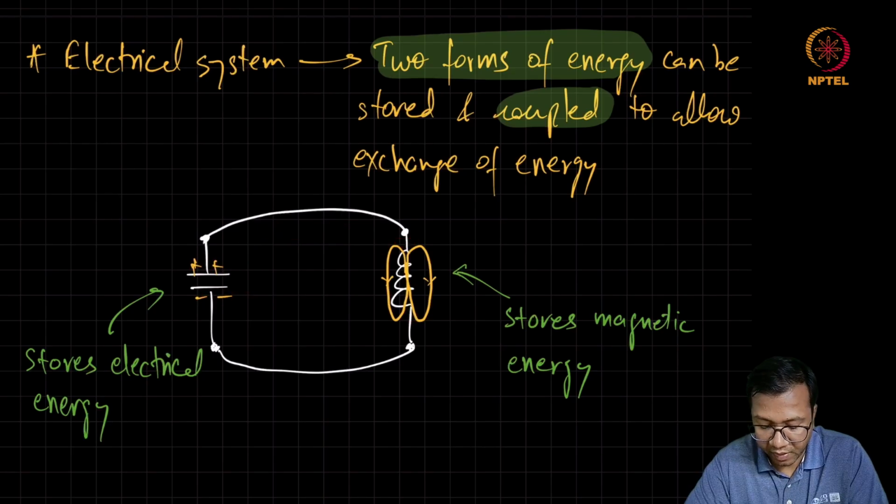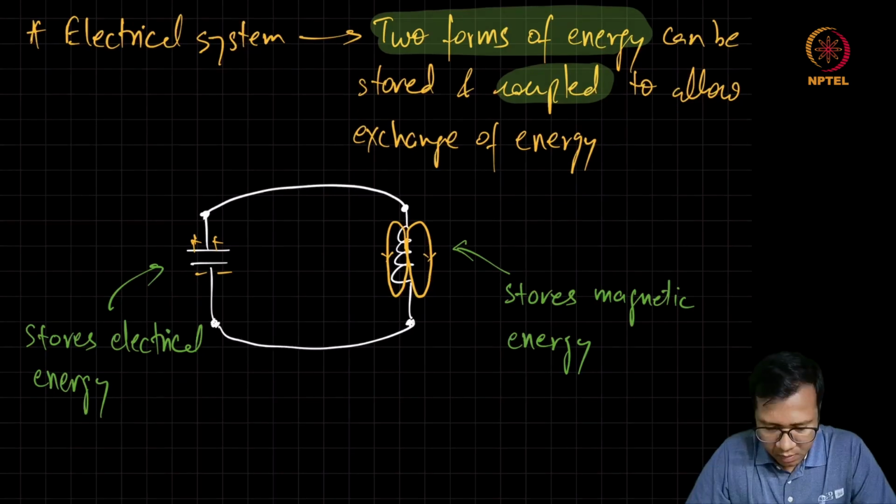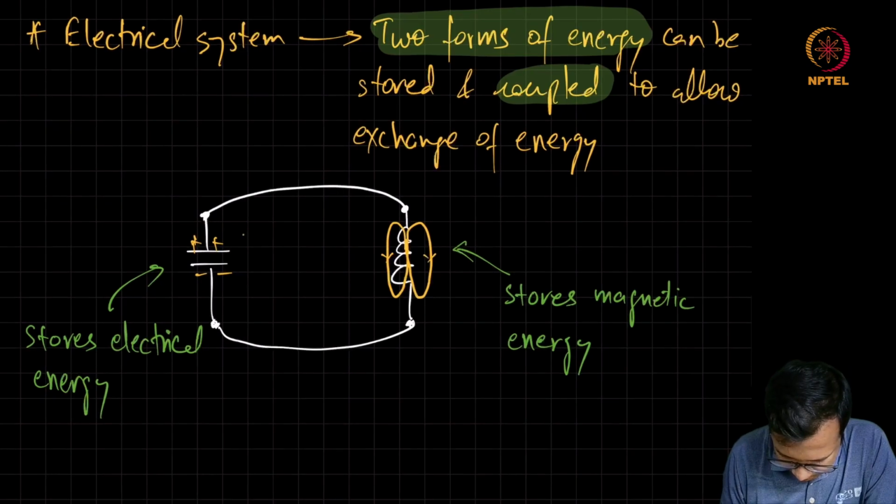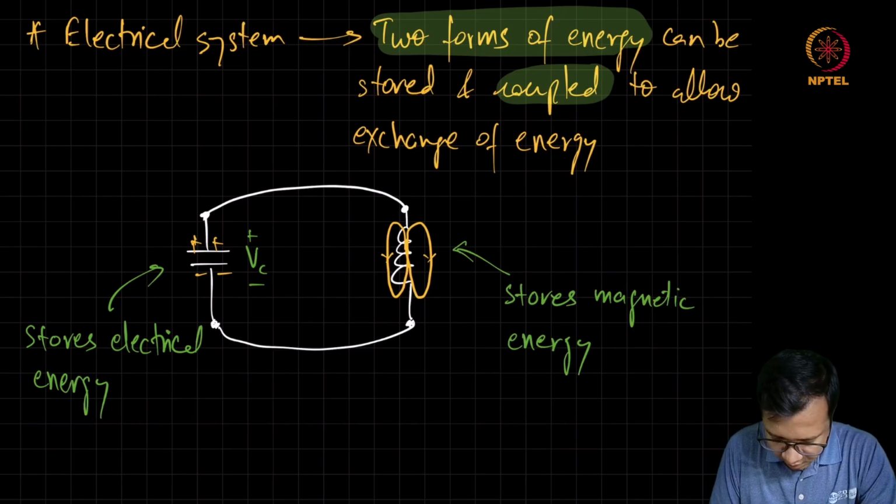So just by shorting the two elements in this manner, we can ensure that they get coupled and there is a way for exchange of energy between the electric and magnetic form. So in this simple LC circuit, we can try to find out how the voltage and current evolves over time. So let's say this is the voltage VC and this is the current IL.